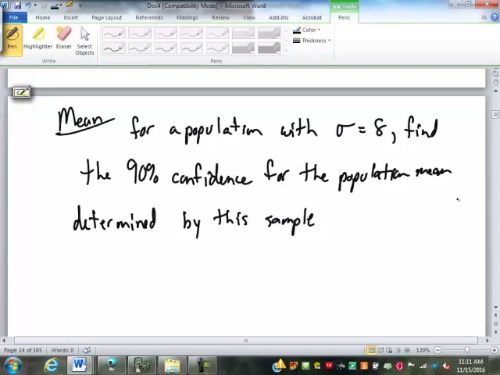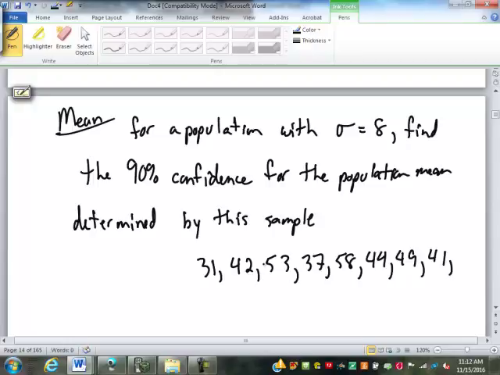I'm going to write them off to the side here so I've got room to pull up my calculator and still punch these in. So I'm just going to give you these numbers. 31, 42, 53, 37, 58, 44, 49, that's 1, 2, 3, 4, 5, 6, 7, 41, 38, 51, 45, 46, 37, 45, 52, and 48.